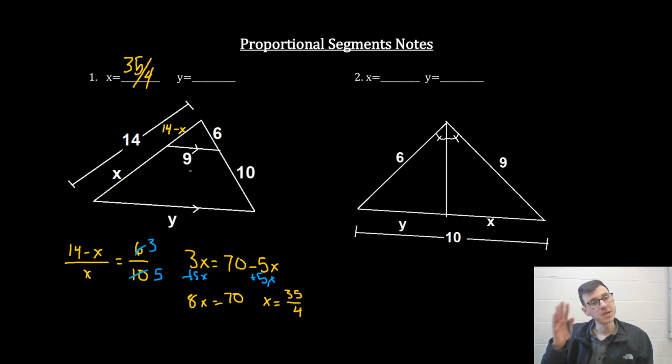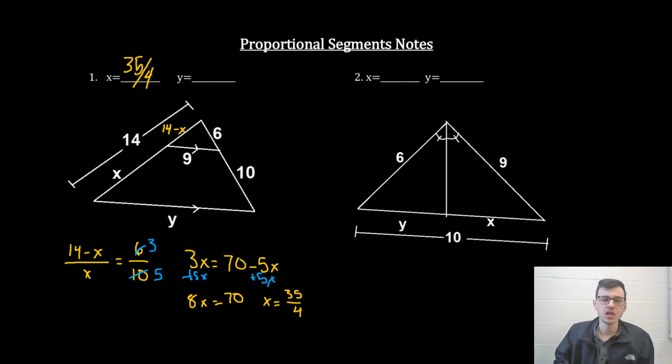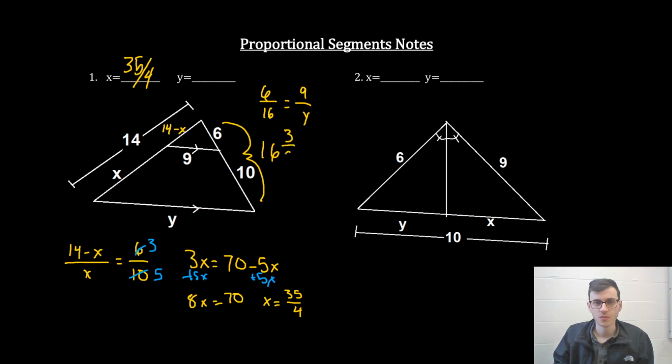Okay, now I have to be careful because for 9 over y, I'm comparing this small triangle right here to this big triangle right here. So I can't set that proportion equal to 6 over 10. But I could set it equal to 6 over this whole side, which is 16. So 6 over 16 is equal to 9 over y. Now, can I reduce this? Yeah. 3 over 8 equals 9 over y.